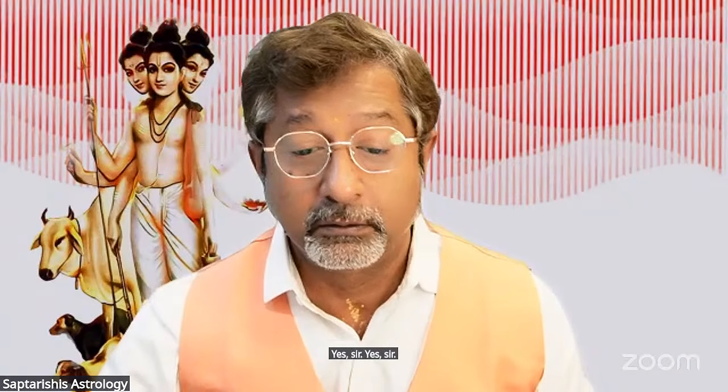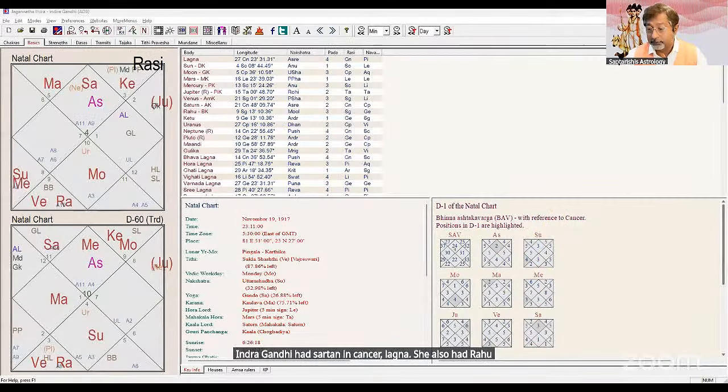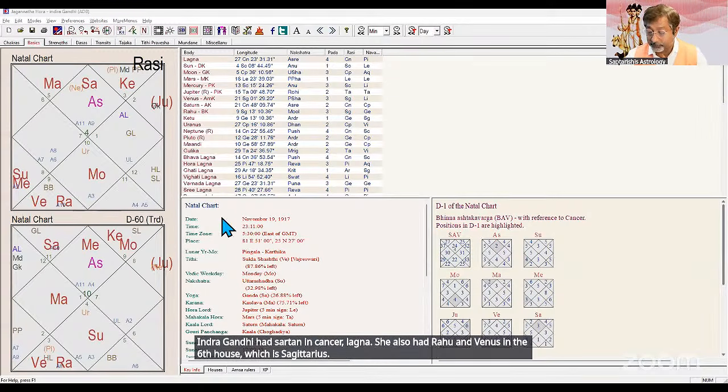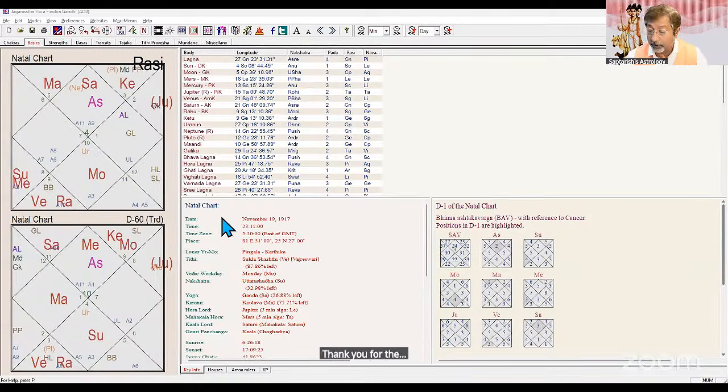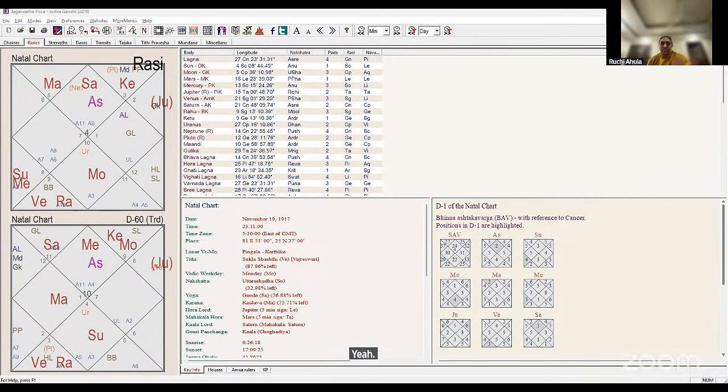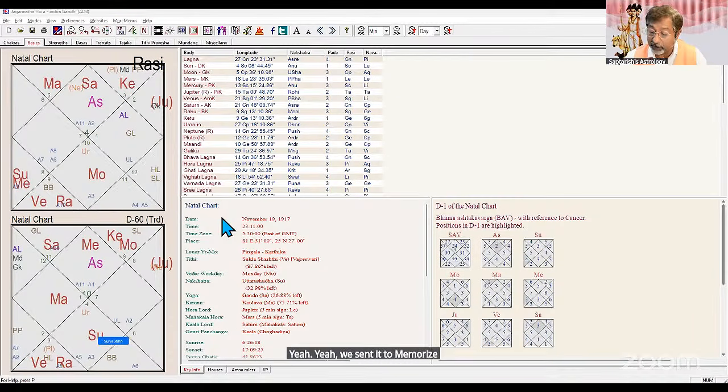Indira Gandhi had Saturn in Cancer Lagna. She also had Rahu and Venus in the 6th house, which is Sagittarius.